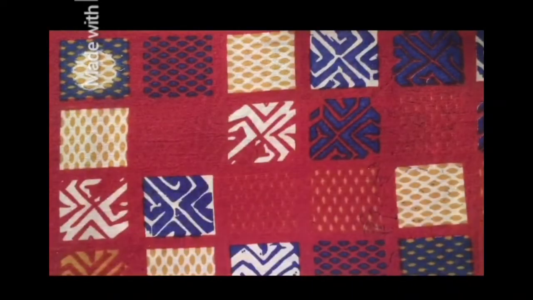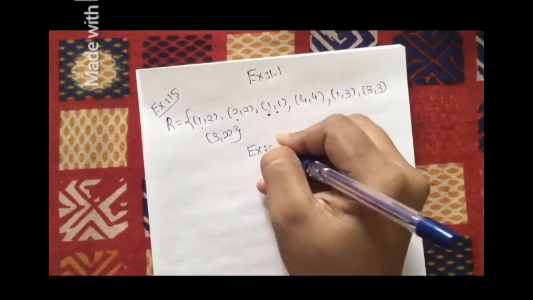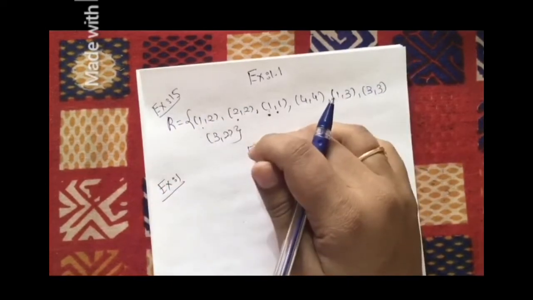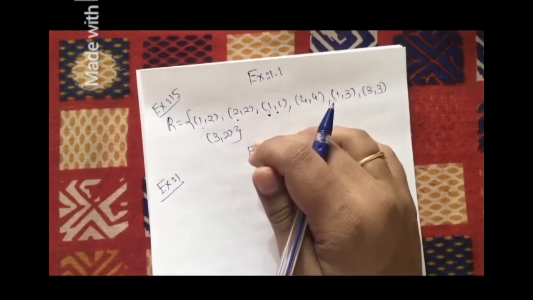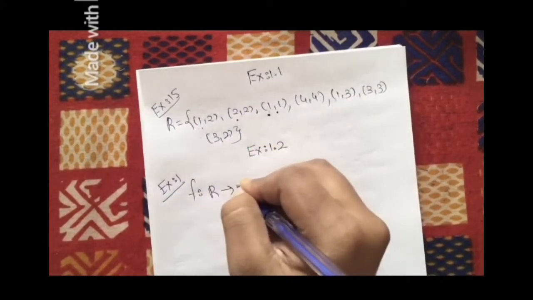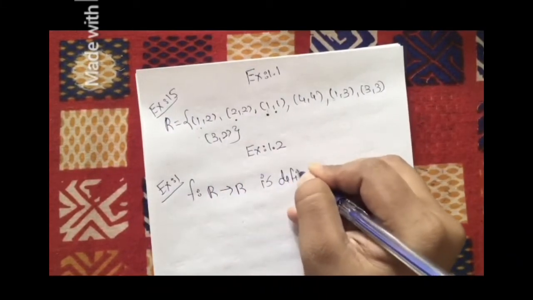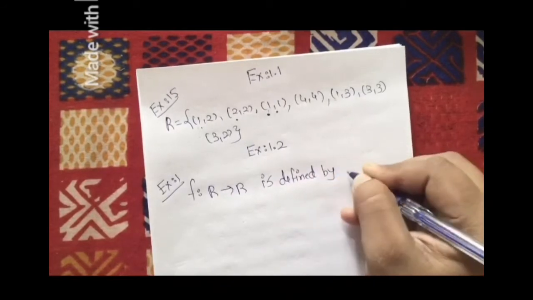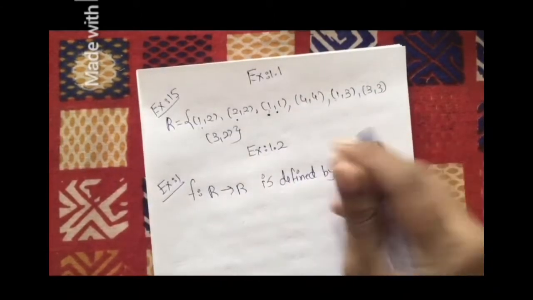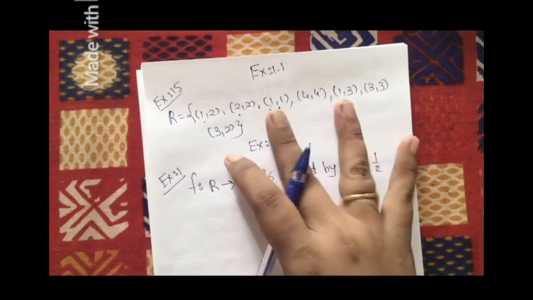So let's just start. Exercise 1.2 question number 1: Show that the function f from R* to R* defined by f(x) = 1/x is 1-1 and onto, where R* is the set of all non-zero real numbers.